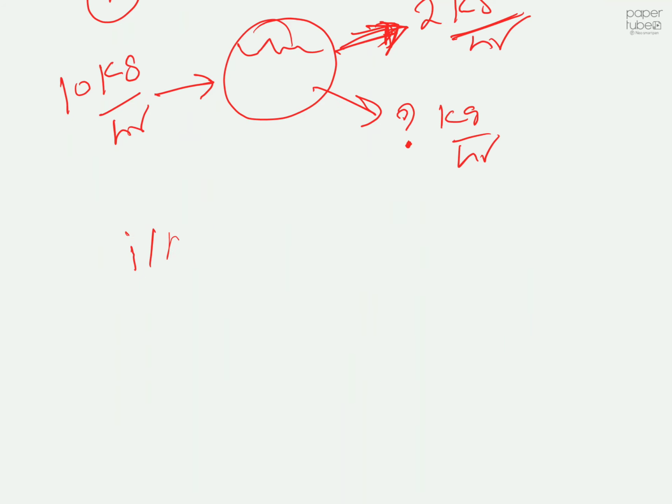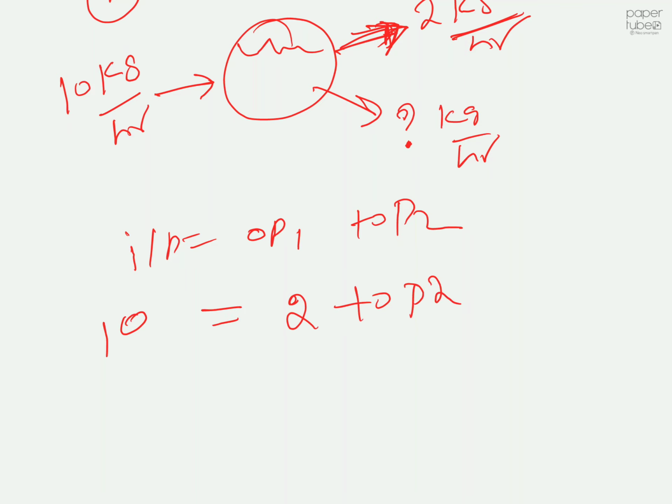Input is equal to output 1 plus output 2, so 10 equals 2 plus output 2, so output 2 should be 8 kilograms per hour. These are the basic things you should remember when we talk about mass balance.